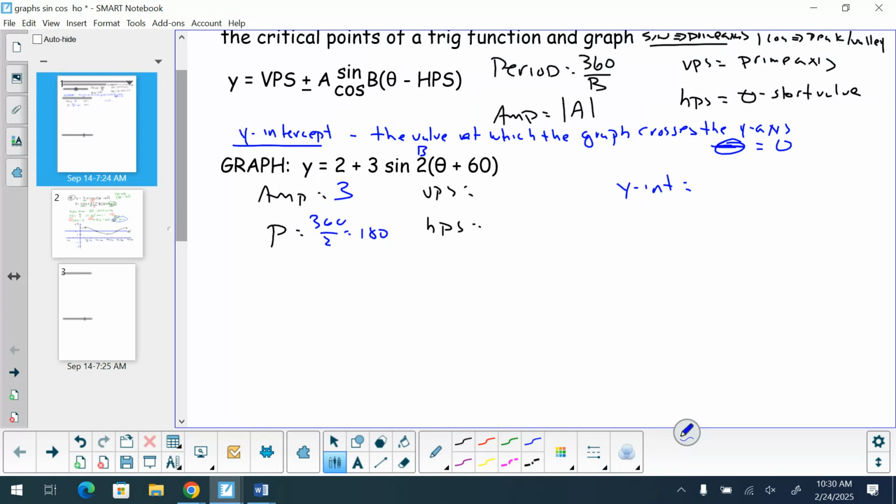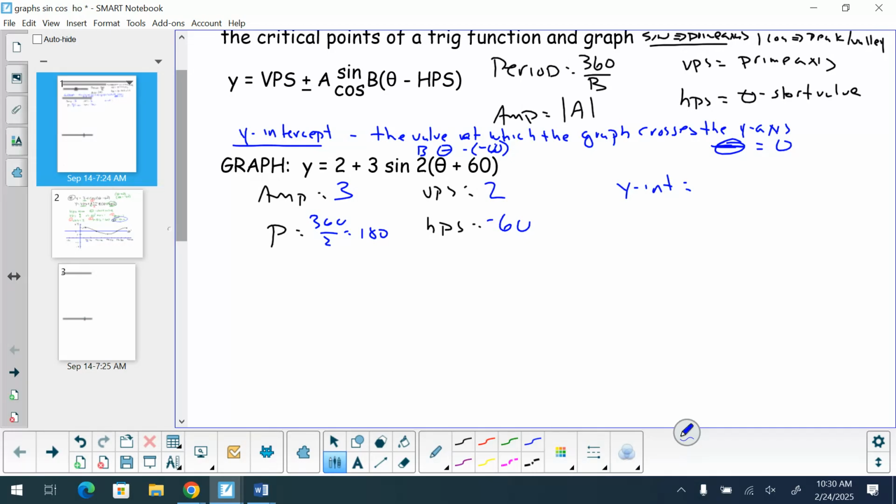Kyle, what do you have, vertical, horizontal phase shift? 2 and negative 60. Negative 60, because this is theta minus a negative 60. Here's my vertical phase shift. This is my horizontal phase shift. What's being subtracted? So I have a negative 60.